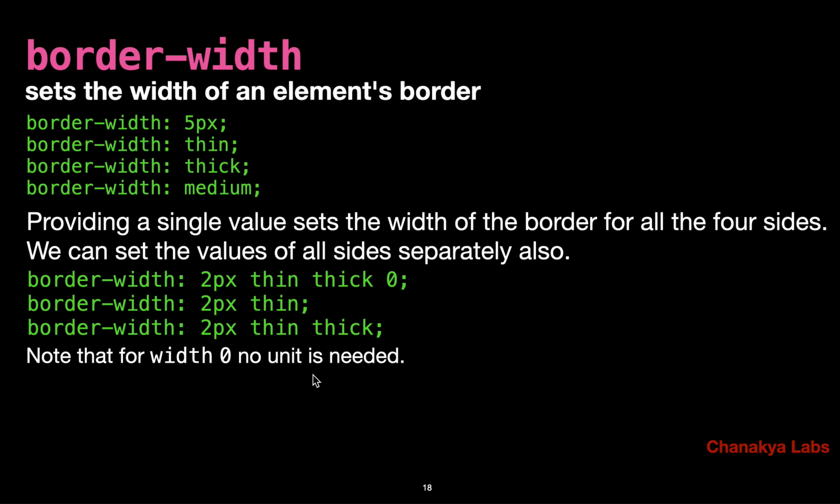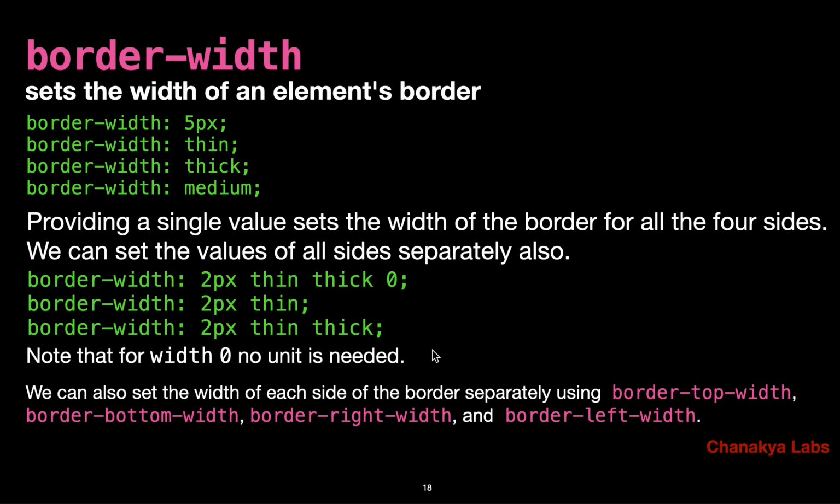One value is straightforward. Just to mention that for 0 you can ignore the units, because 0 pixel or 0 rem, 0 em, all those things does not matter. 0 is 0. And again, in case of border width also, you can target specific sides of the border, like previous properties, by these values: border top width, border bottom width again, and as I mentioned earlier, you can specify it at proper place and it will take its effect accordingly.